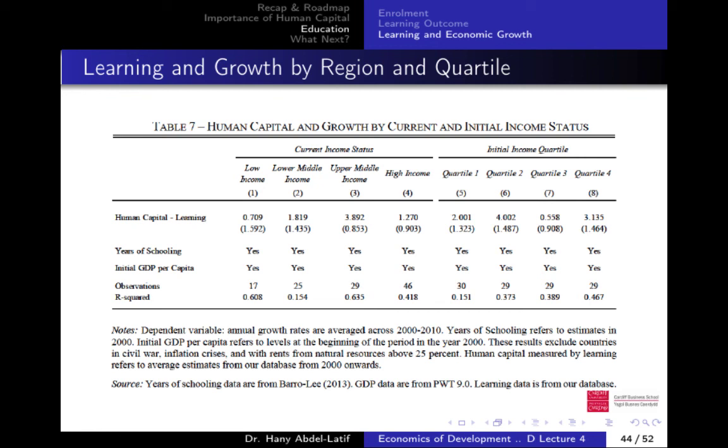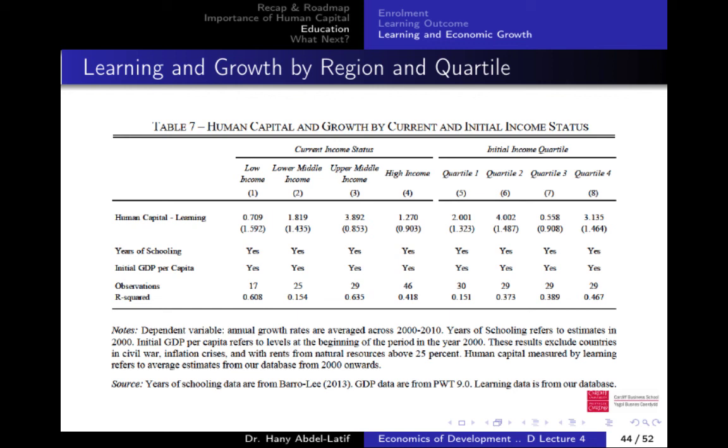In the first section, this is by current income status: low income, lower middle income, upper middle income, and high income countries. Of course, they control for initial GDP per capita and also the years of schooling.